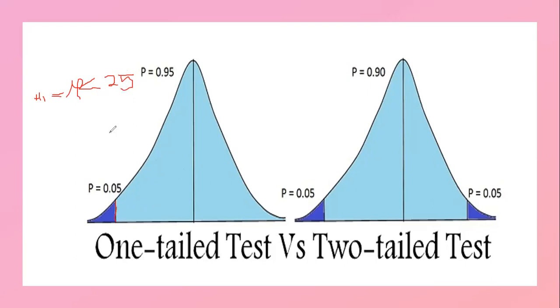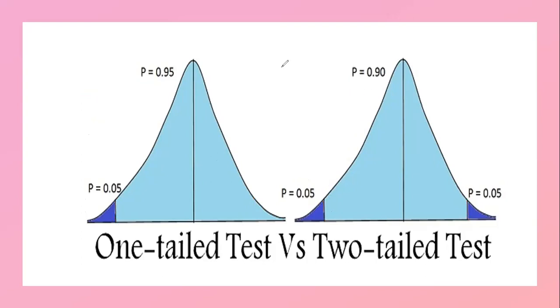If you are only testing less than, then it comes on the left side. If you are testing the more than symbol, then it comes on this side, only the right-hand side, that is 0.05. If you are testing the hypothesis using equal and not equal, then it appears on both sides, both right-hand side and left-hand side. So that is basically the difference between a one-tailed test and a two-tailed test.